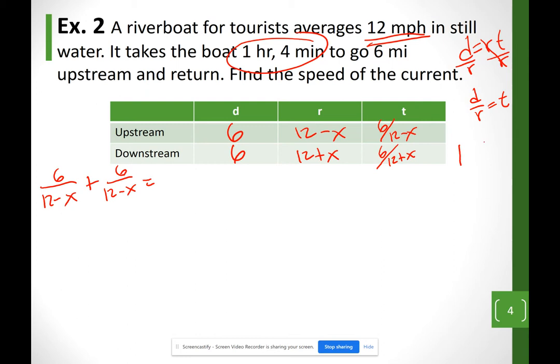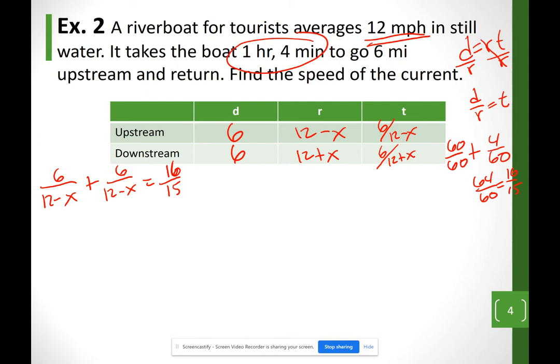Now 4 minutes, isn't that 4 over 60? So I'm going to go 1 plus 4 over 60. My 1 hour, I'm just going to call this 60 over 60. That way I have a common denominator. 64 over 60, divide each by 4. That gives me 16 over 15.